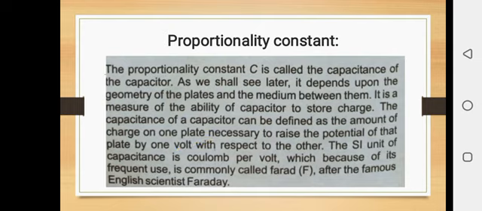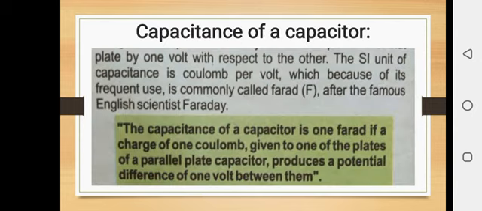In your paper mostly a question is asked to write about its SI unit. There are two units written here, coulomb per volt and farad. Which one is the SI unit? Coulomb per volt is the SI unit. And this farad is named after the famous scientist Faraday. You have learned about Faraday in your 10th class.